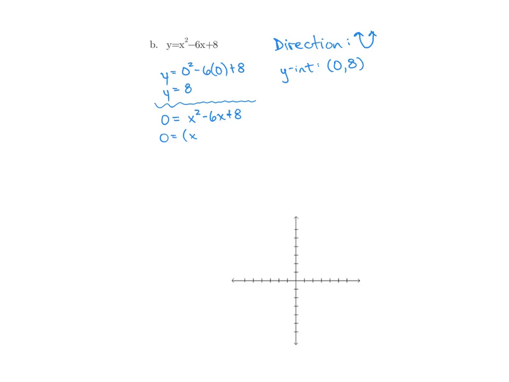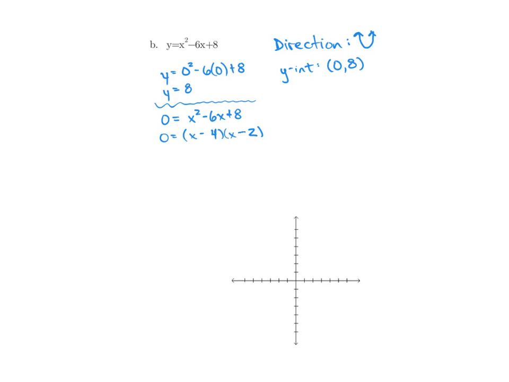If we plug in 0, we get (x)(x). Things that multiply to 8 are 4 and 2. If we look at that, we have positive 8, so they have the same signs. In order to combine numbers that have the same signs, we want to add to 6, and we want them to be negative. So we get (x - 4)(x - 2).